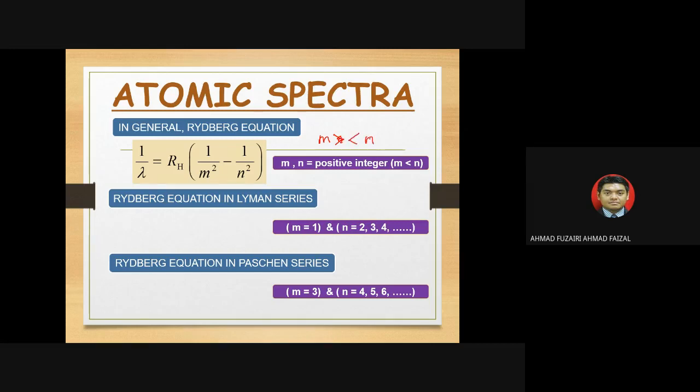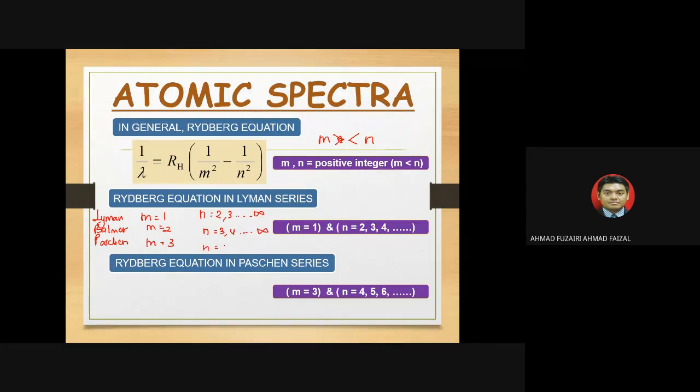It actually starts at the Lyman series, where m equals 1, then Balmer, m equals 2, then Paschen, m equals 3. For Lyman, n starts at 2, 3, up to infinity. For Balmer, n starts at 3, 4, infinity.